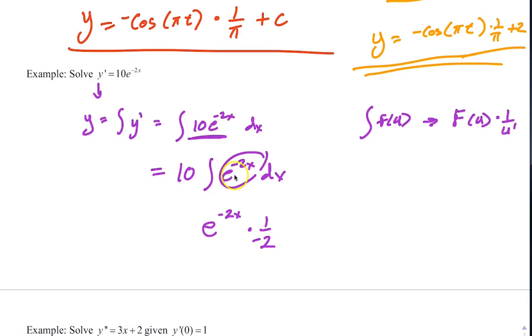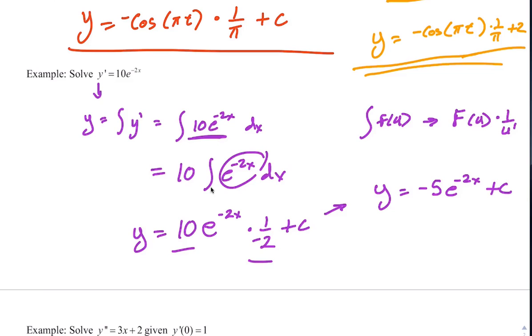Where am I at? I forgot my 10 and a plus c. So I get that. Simplify that a little bit. 10 and the negative 1/2, I get y equals negative 5e to the negative 2x plus c.